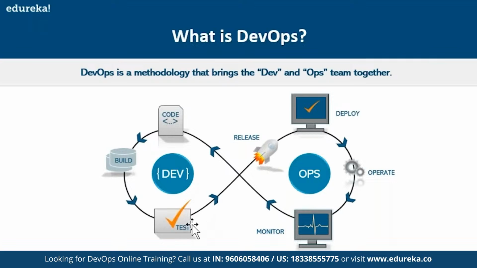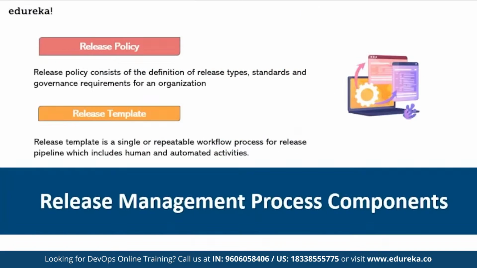If the testing is done, should we release it by manual intervention or automatic intervention? All this is also part of your policy and your vision for your software development. So that is what it is saying here: your release template is a single or repeatable workflow for the release pipeline, which includes human and automated activities.